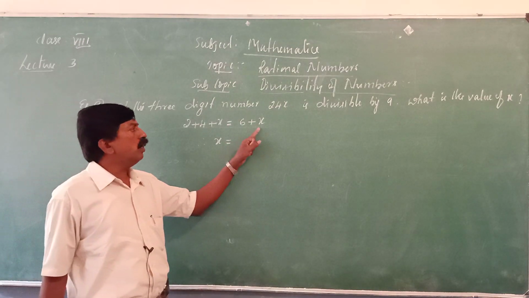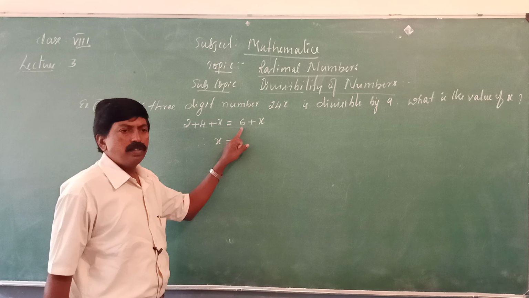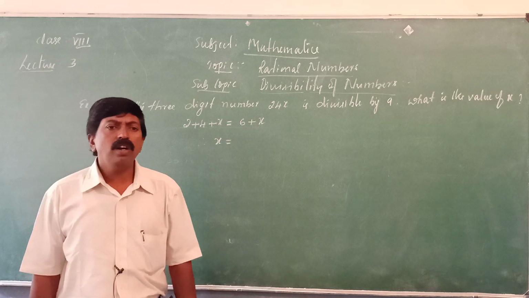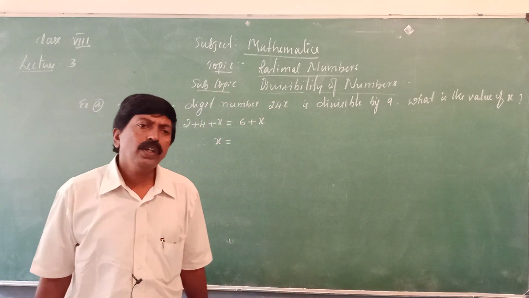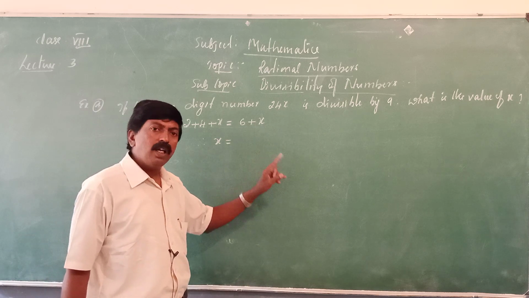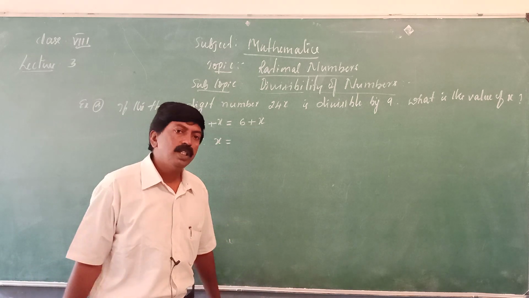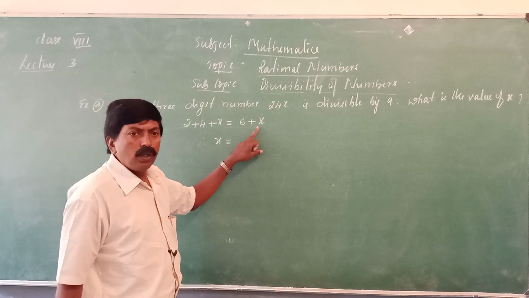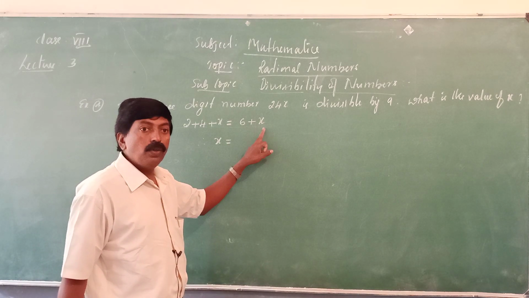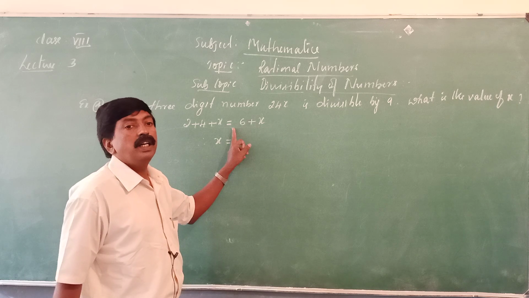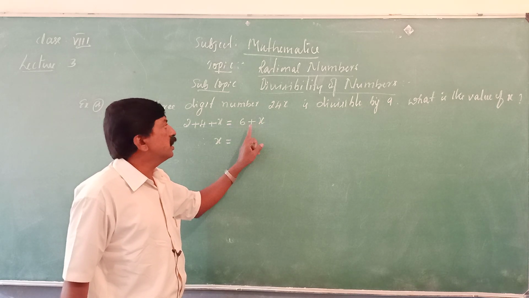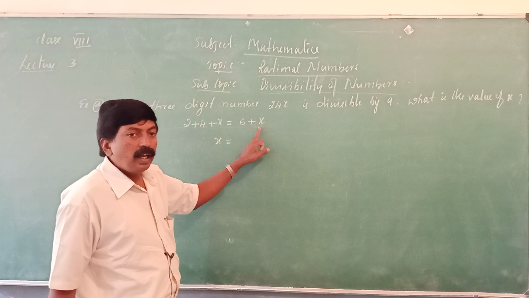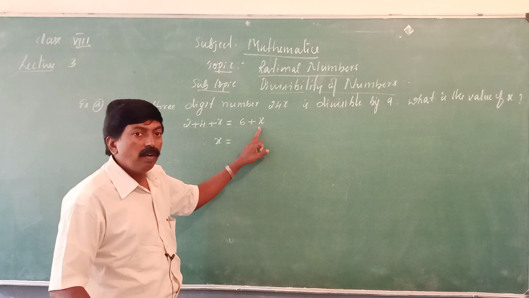When x is 0, 6 plus 0 is not divisible by 9. Take x as 1, 6 plus 1 is 7, not divisible by 9. Take x as 2, 6 plus 2 is 8, which is not divisible by 9.